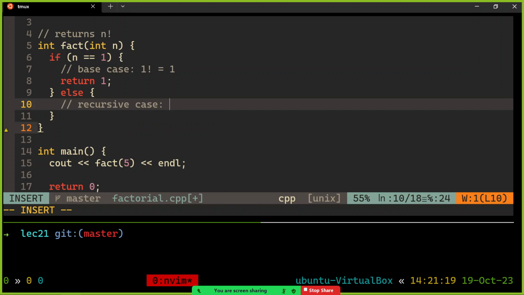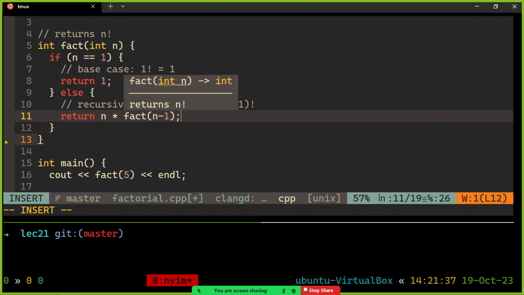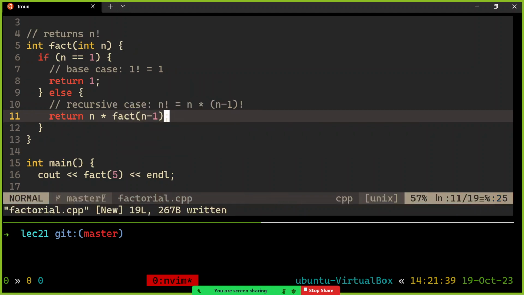And we know that the recursive case rule is n factorial is equal to n times n minus 1 factorial. All right? So, translating that, our answer is n times the factorial of n minus 1. That's a smaller problem, and it's our job to give back factorials, so we're calling ourselves on a smaller input. That's it.